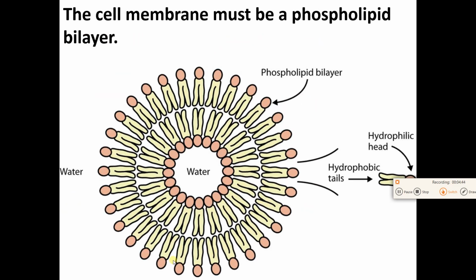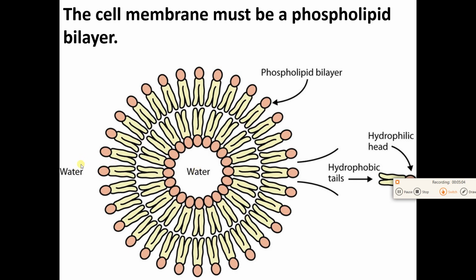Because of this nature of the phospholipid, when we make a membrane out of phospholipids, they have to be arranged in a bilayer. Remember, the inside of the cell has intracellular fluid, which is mostly water.